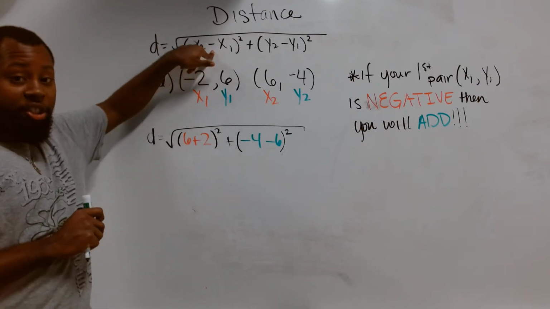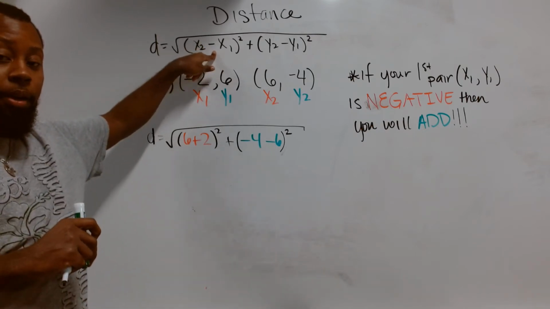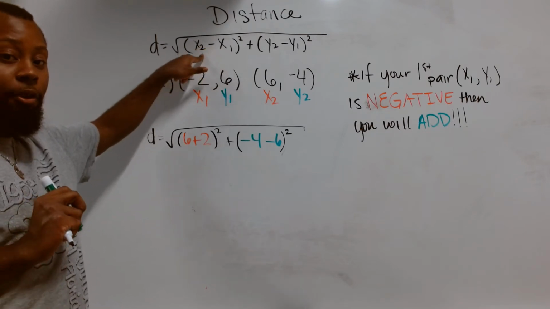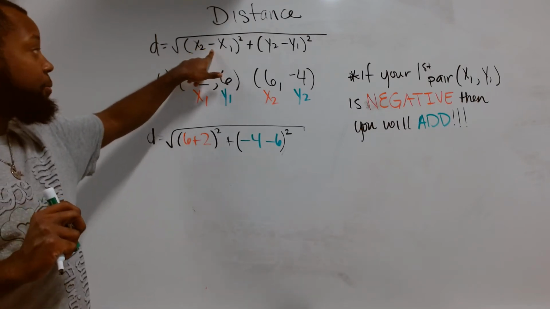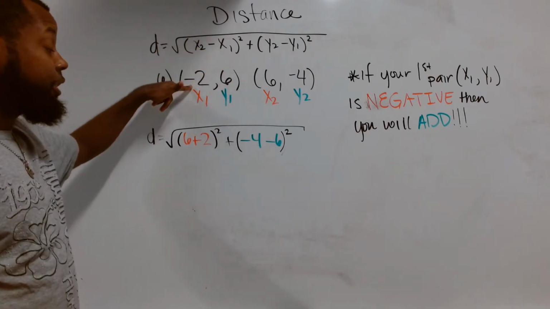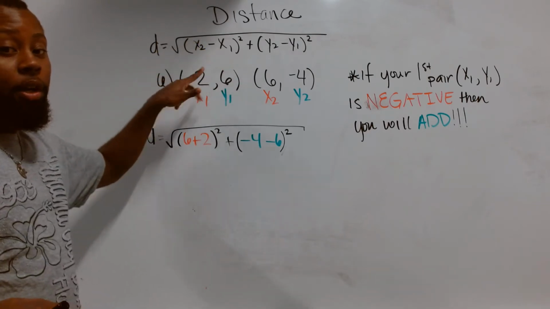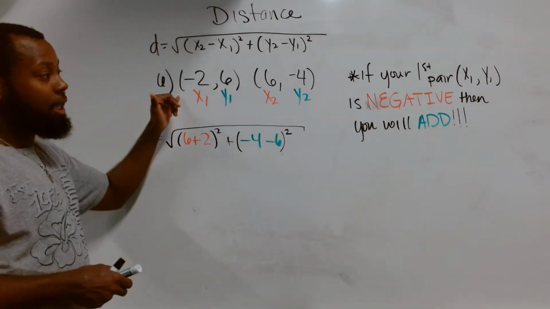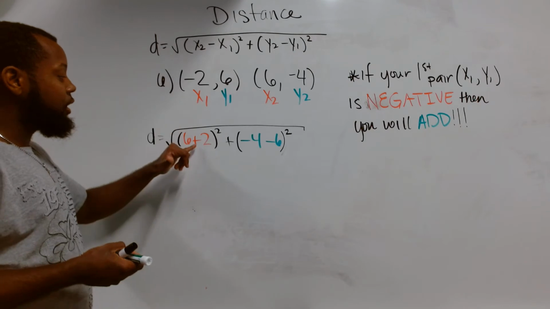And you see how in the original problem you have to subtract x1 from x2. So you see how in the original formula you deal with subtraction, and your first pair has a negative. Two negatives make a positive. That's why I said if your first pair has a negative, then you will add.